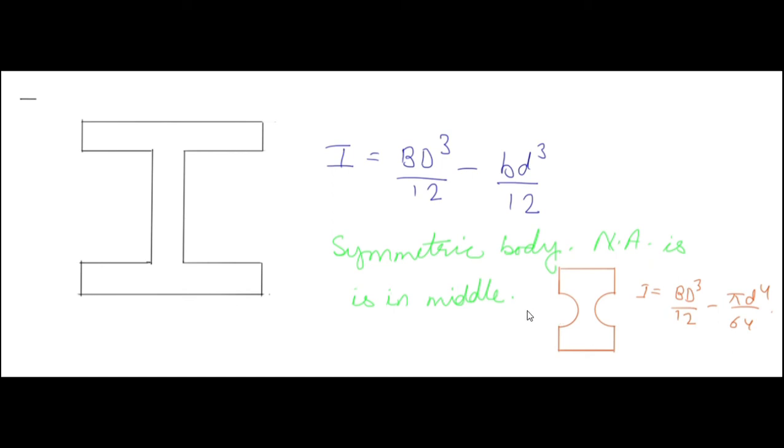The centroid will not change because the cut portion is symmetric. So the neutral axis is in the middle, and the area moment of inertia is equal to BD cube by 12 minus pi d4 by 64.